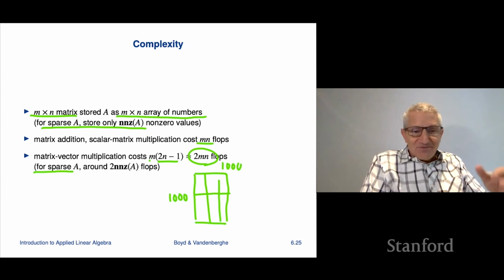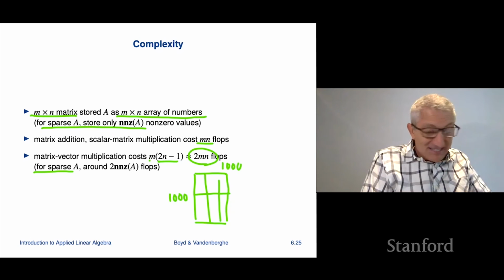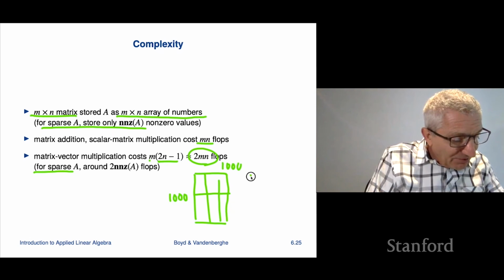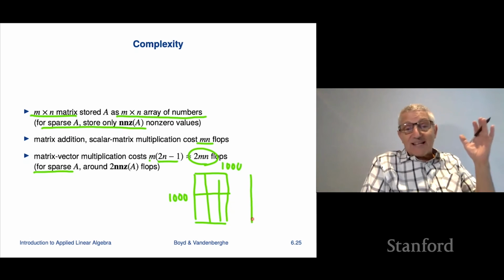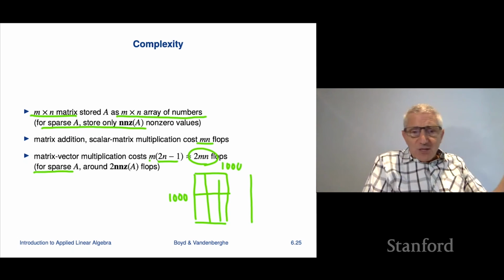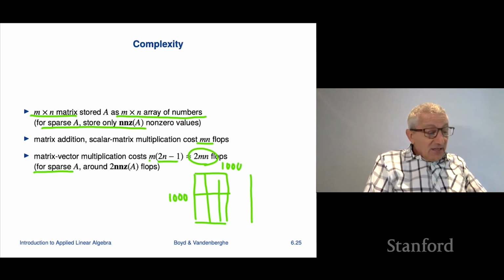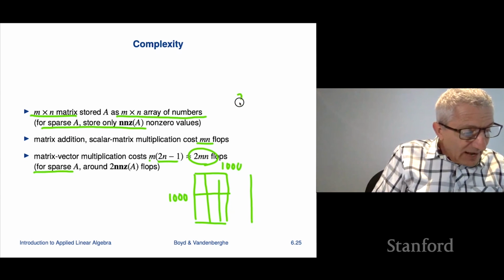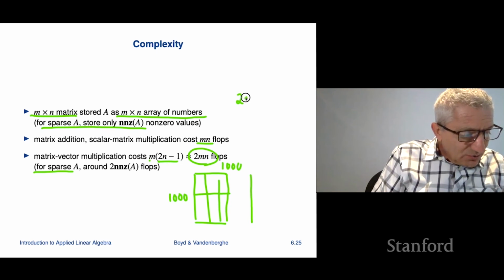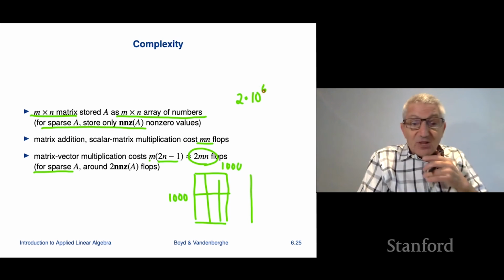That I could do this on my phone, but we're going to figure out how long it takes to do this multiplication on my phone, let's say. And then I have a portfolio with 1,000 numbers. Those are my weights. Who knows where the portfolio came from? It doesn't really matter. The number of flops required is going to be 2mn, and that is 2 times 10 to the 6 flops.